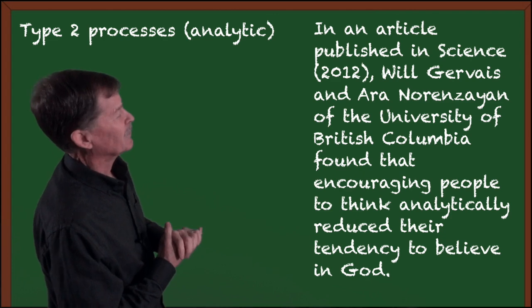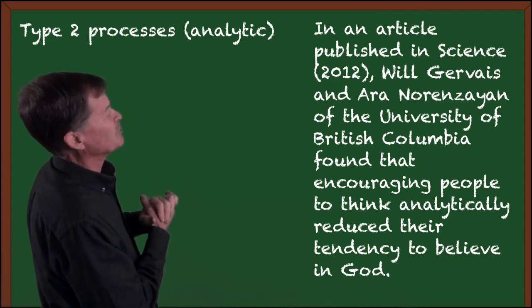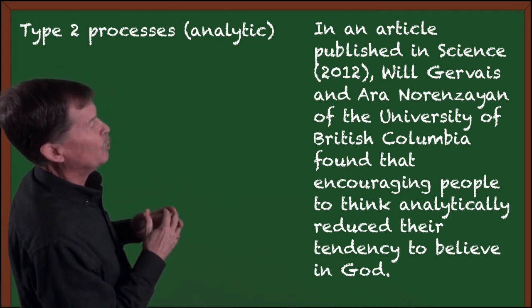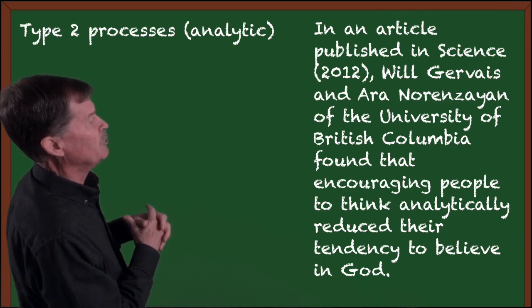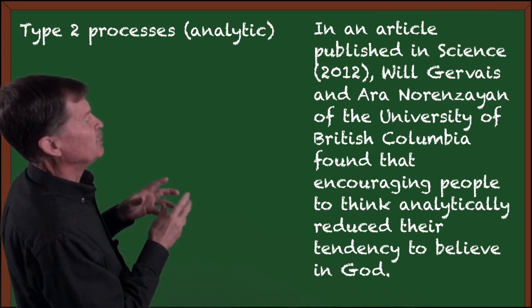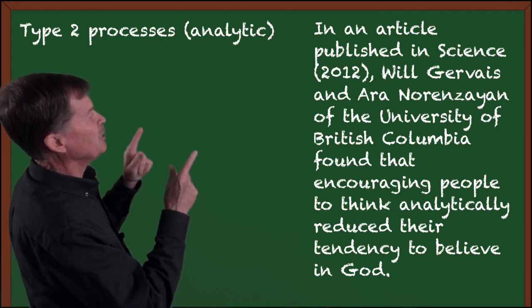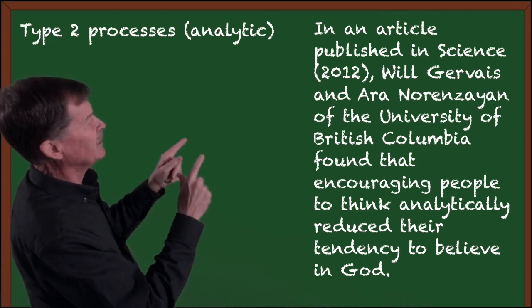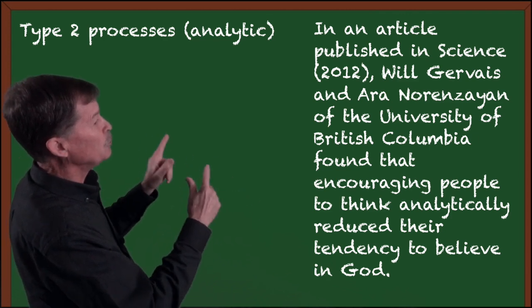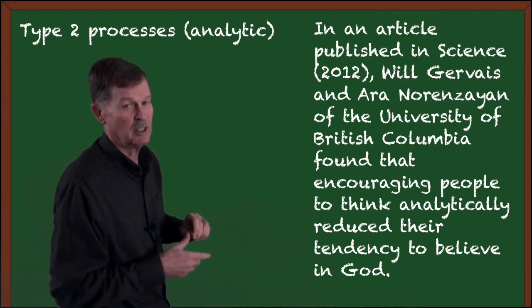Another article, published in Science in 2012, by Will Gervais and Ara Norenzayan of the University of British Columbia, found that encouraging people to think analytically reduced their tendency to believe in God.